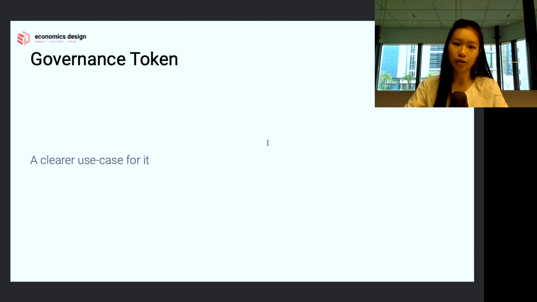With these financial products, I'm still struggling to find a very clear use case for a governance token, because what are you governing? I don't think I would want random people on the street to govern how these financial products are created, to determine the risk and returns.